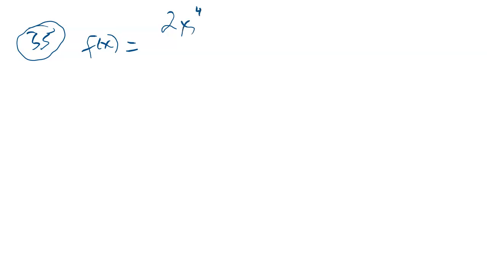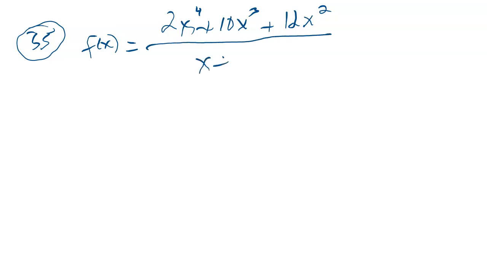I get 2x to the 4th plus 10x cubed plus 12x squared, all over x squared plus 5x plus 6. In the numerator, I can factor out a 2x squared.